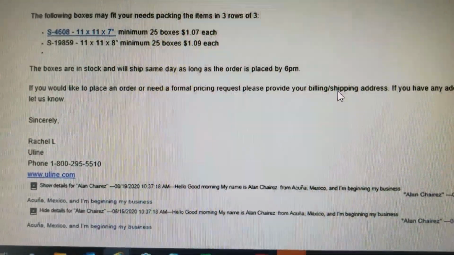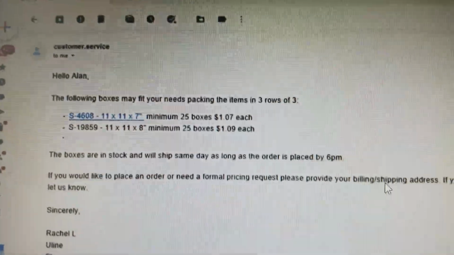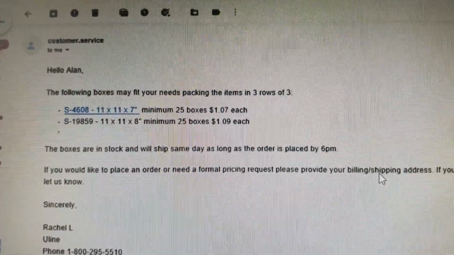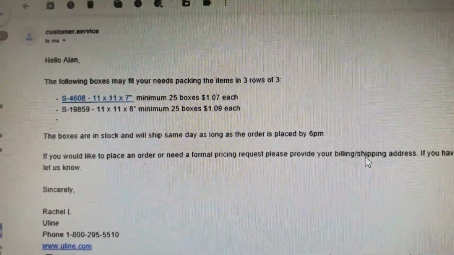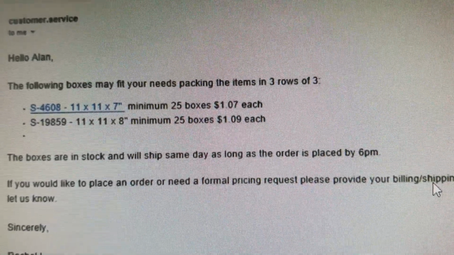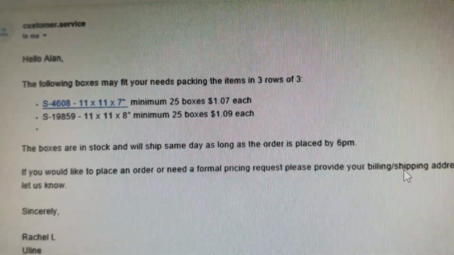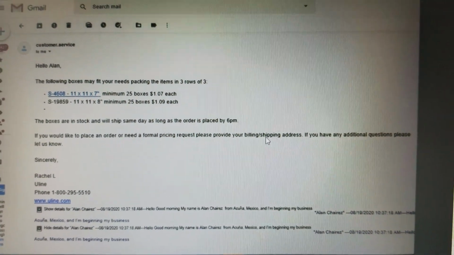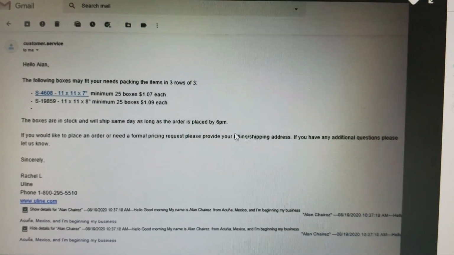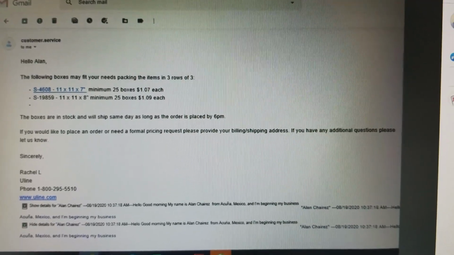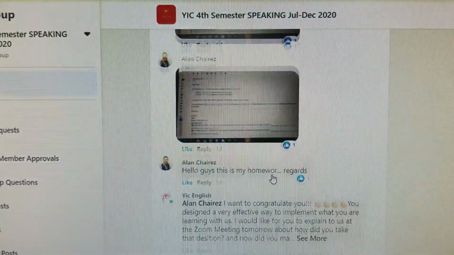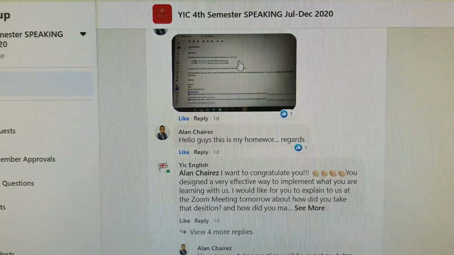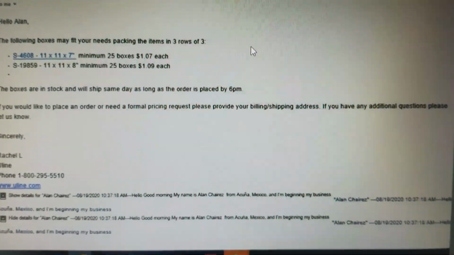I send the size of the bottles and how many pieces I want to pack in the box. And additionally, I ask information about the price, the delivery time, and the minimum quantity required to buy.